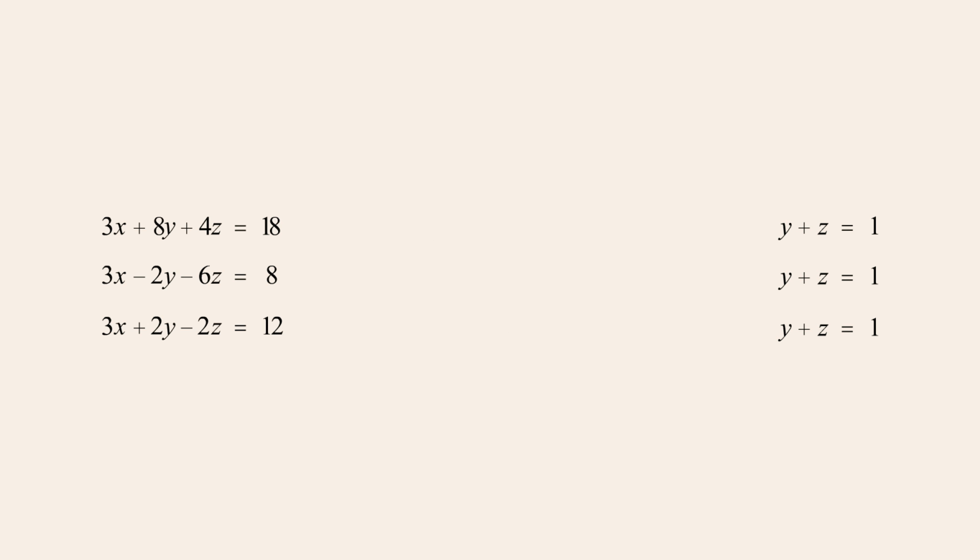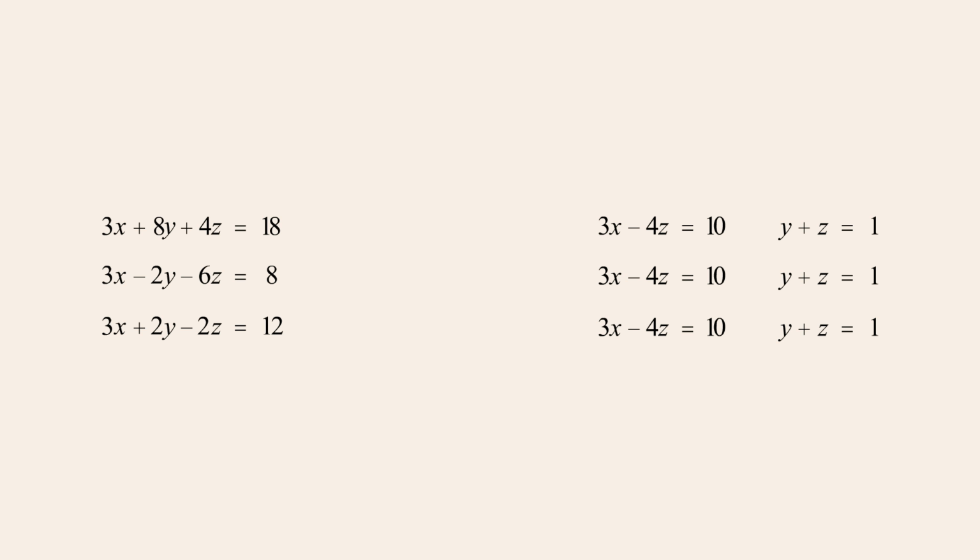If instead of eliminating x, we had chosen to eliminate y, each pair would have produced the equation 3x minus 4z equals 10, and we would still end up with the result 0 equals 0.